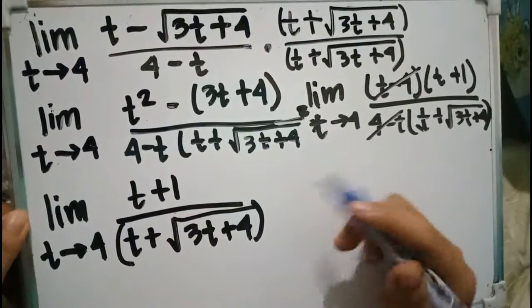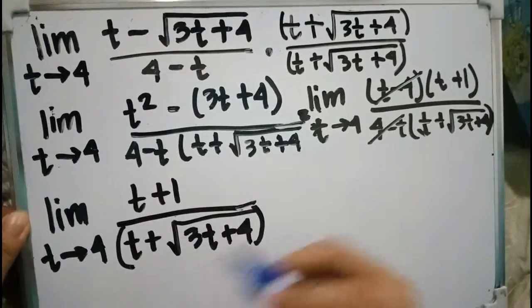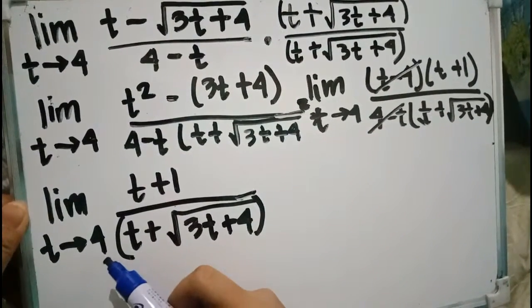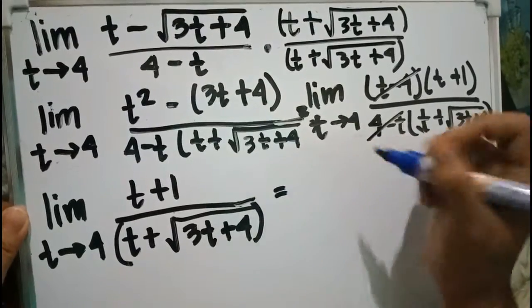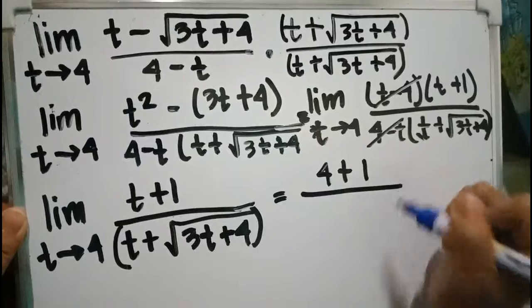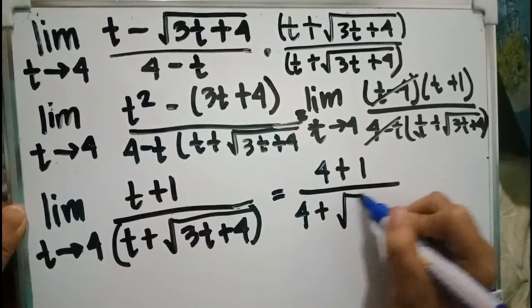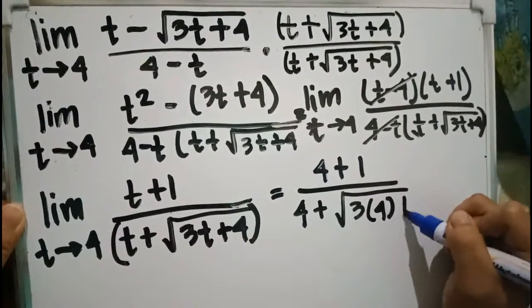So as you can see, we already simplified the equation. Because we already simplified it, we can now substitute 4 to every t in our function. So it would be 4 plus 1 over 4 plus the square root of 3 times 4 plus 4.